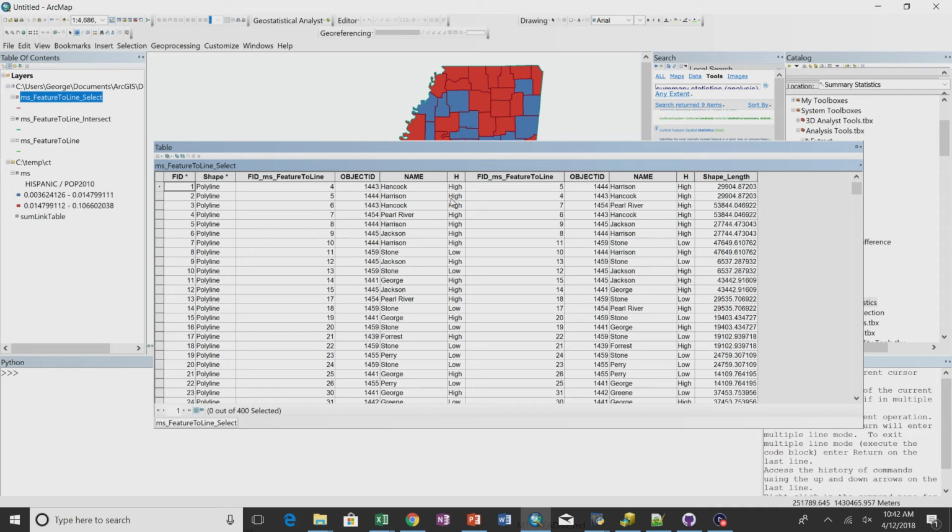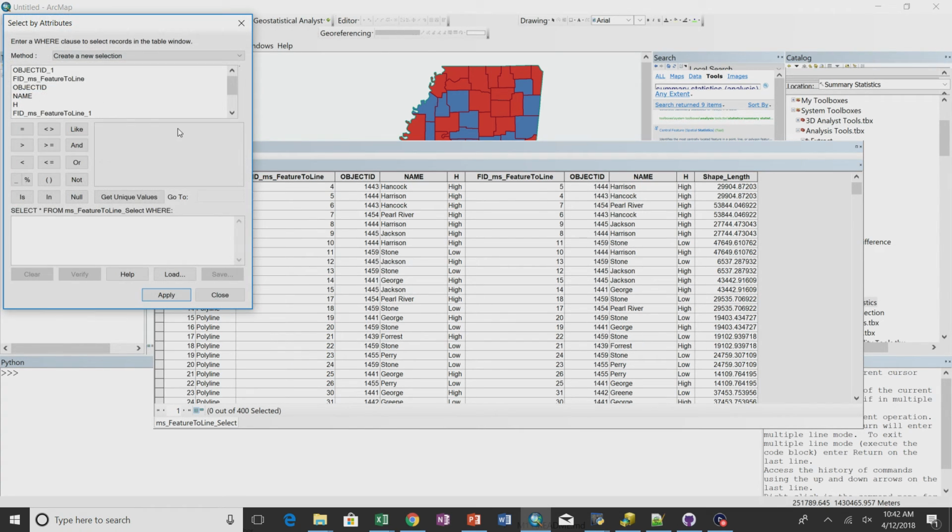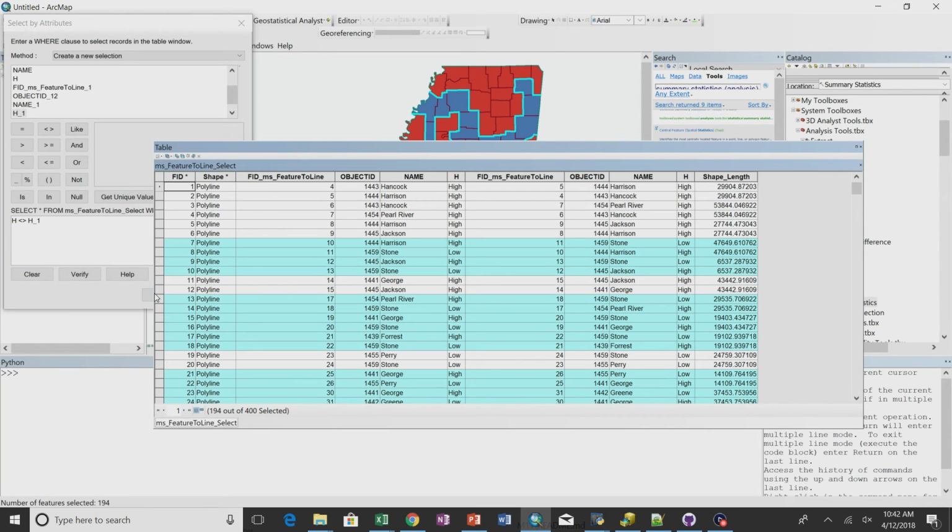So we can just simply go into here, select by attributes, and say H does not equal H1. What we're saying there is that we're selecting the areas that are black-white joins, right? When they don't equal each other, we hit apply, and now we have all those, the not the same category values.